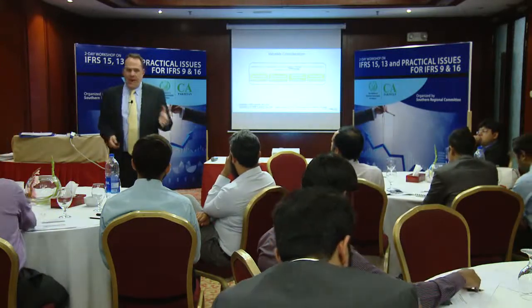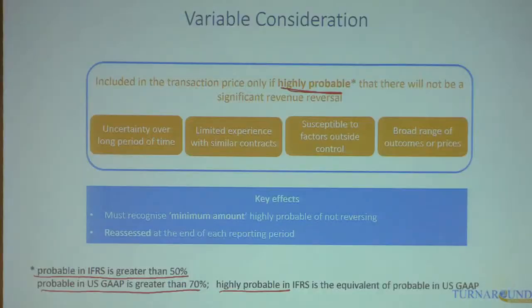And you book that as revenue when it happens. So the key thing, and this is where it gets really interesting, you have to recognize the minimum amount that is highly probable of not reversing.